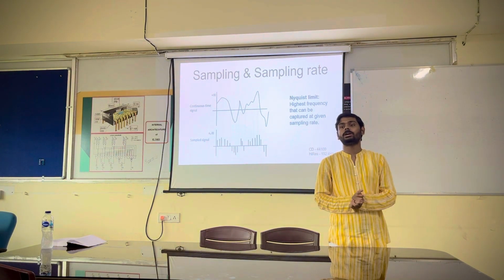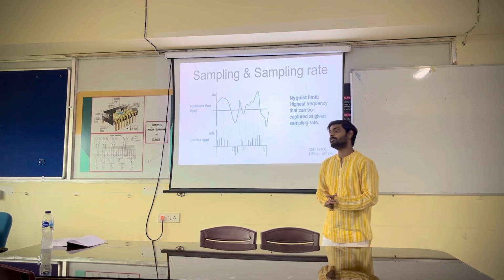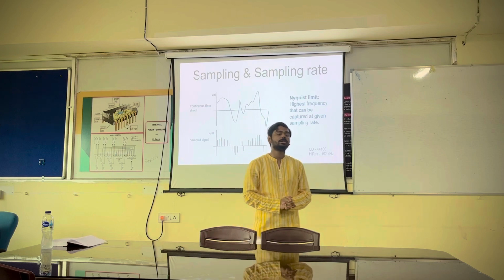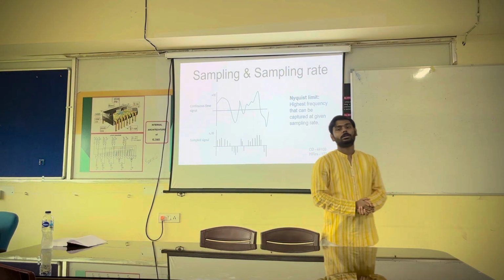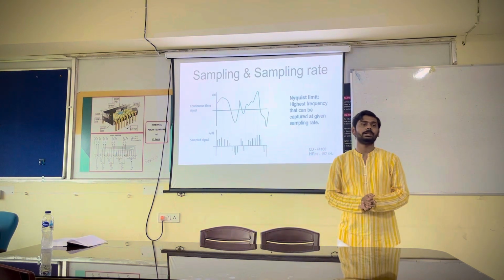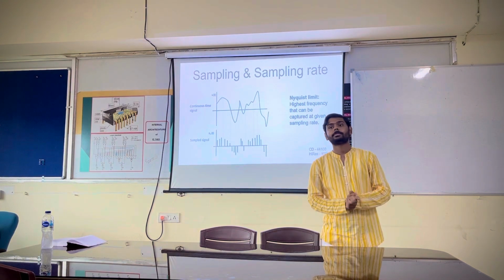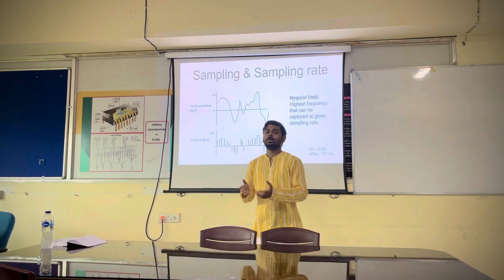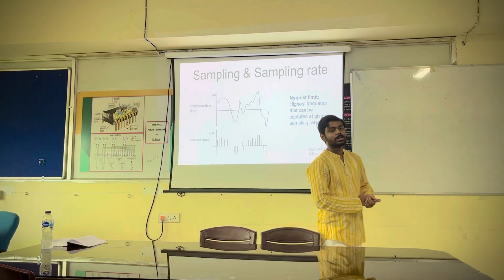In most machine learning models that we use, generally they operate on 16 kilohertz. But why the number 16 kilohertz? So it happens there's a limit called the Nyquist limit. So what's that?